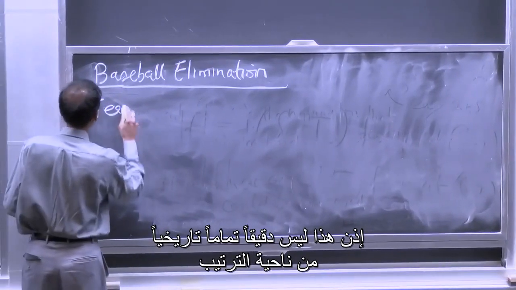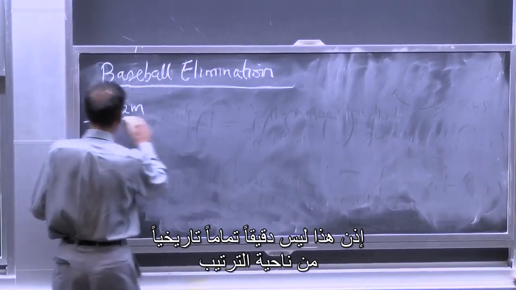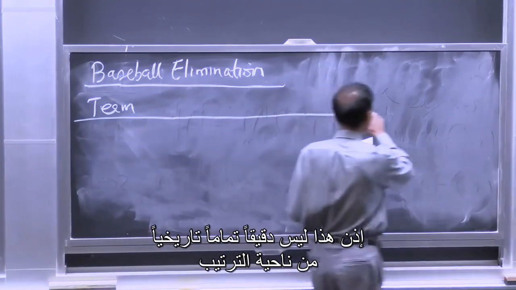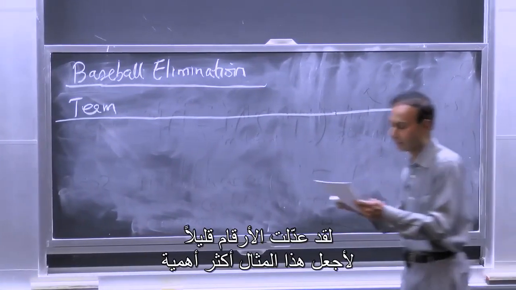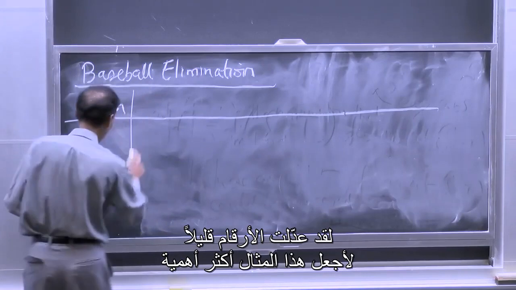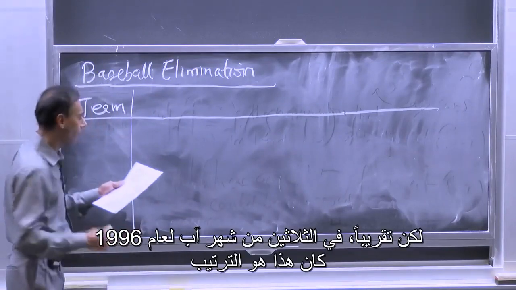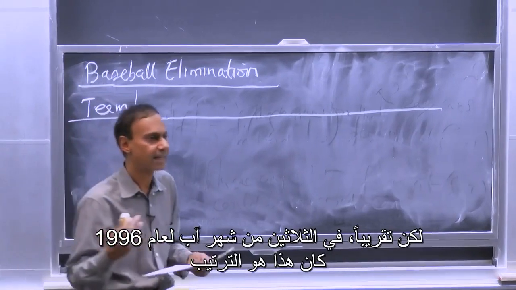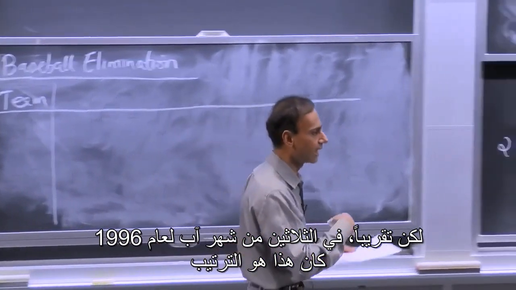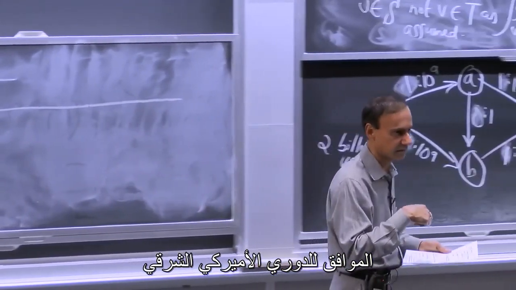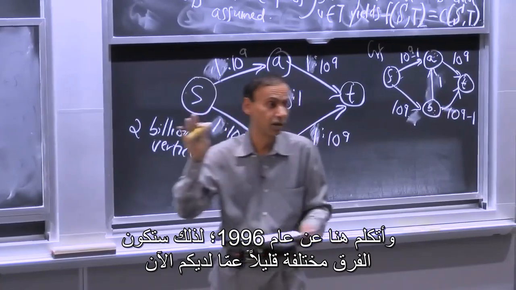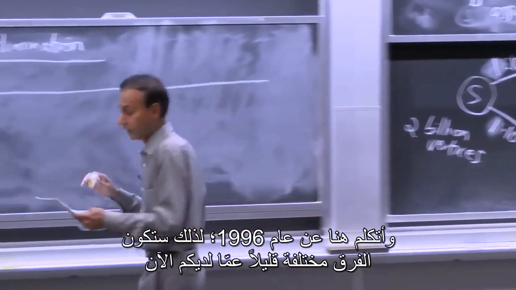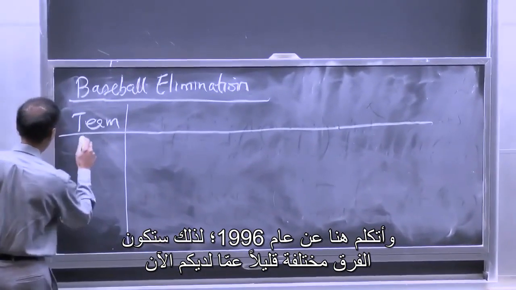So this is not quite historical in terms of the standings. I tweaked the numbers a little bit in order to make this example a little more interesting. But roughly speaking, on August 30th, 1996, these were the standings for the American League East. Now, this is 1996, so the teams are a little different.